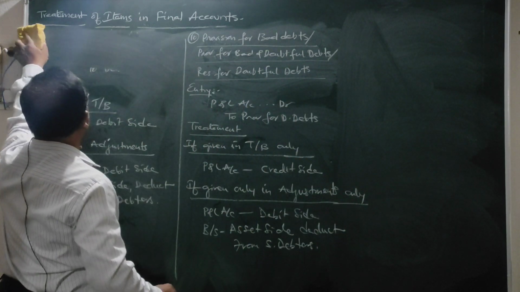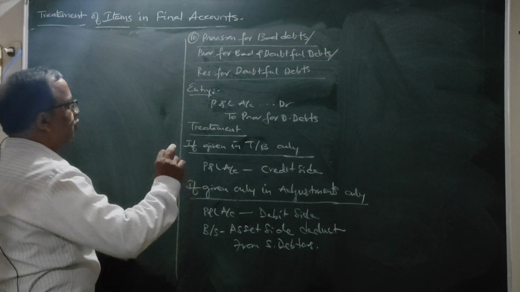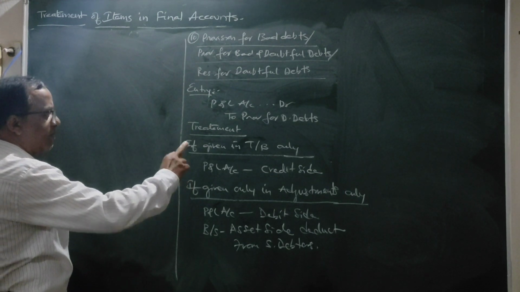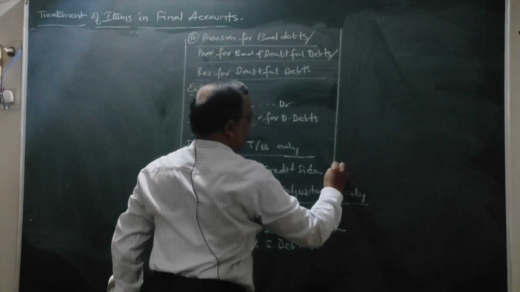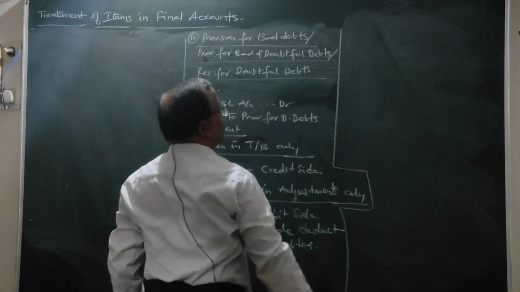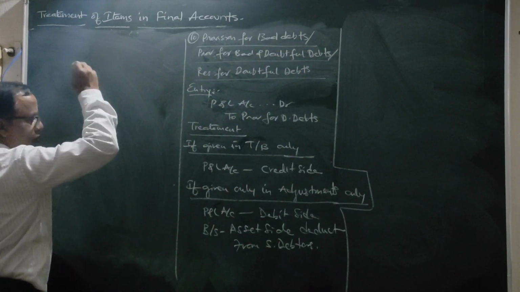Take for example, if this particular item is given both in trial balance as well as adjustments, I am writing it here, don't get confused.